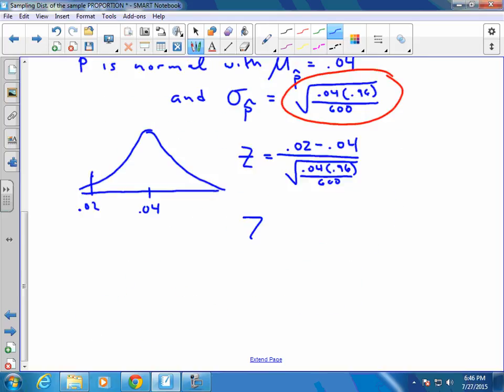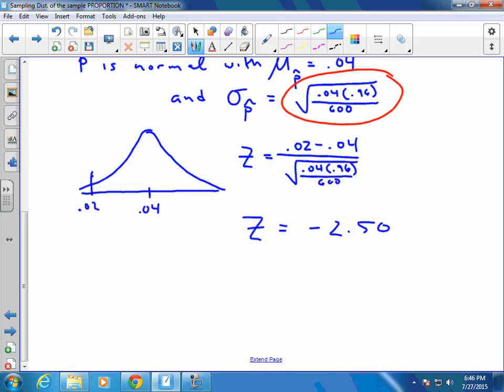Now you want to make sure you practice punching these into the calculator, because when these expressions get more complex like this, it's more and more likely that careless button pressing issues are going to creep in. All right, so when we punch this out, I'm getting a z-score of negative 2.50.